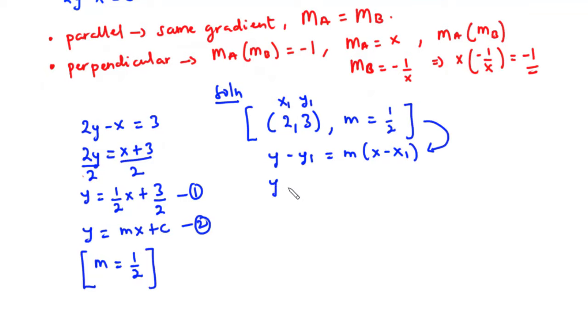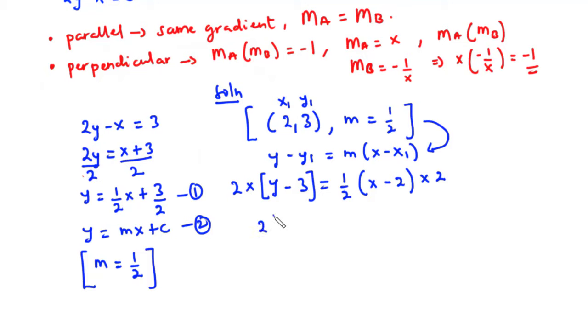So we are going to substitute all these values into this equation. So we have y minus y1, which is 3, equals m, which is 1 over 2, times x minus x1, which is 2. Now, because we have a fraction here, we can multiply both sides of the equation by 2 so that we can do away with the fraction.